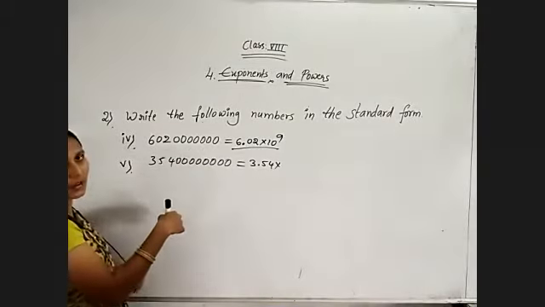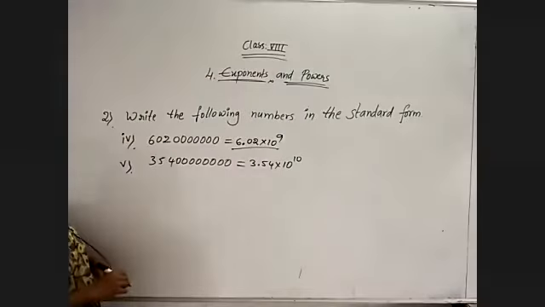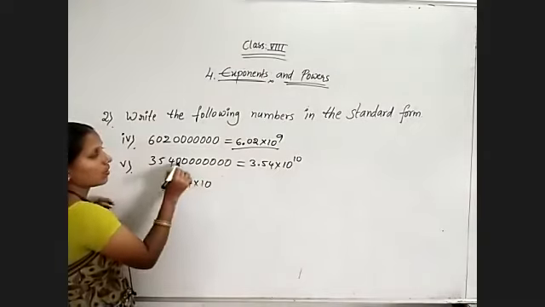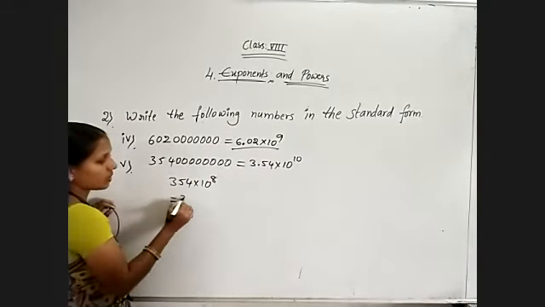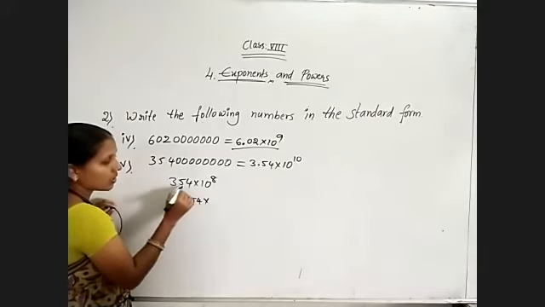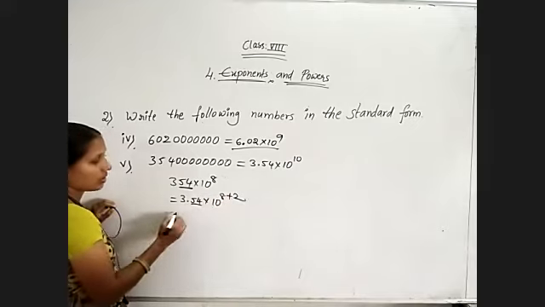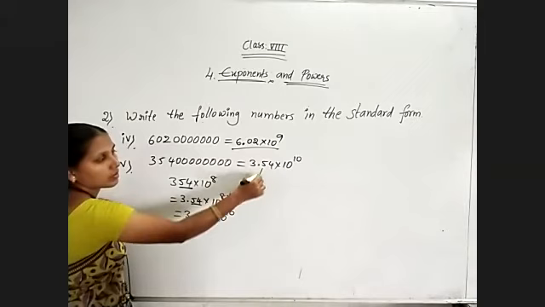One number less we have to take, that is 10 to the power of 10. That's all. If you have any doubt, check. 354 into 10 power 8 zeros, which is equal to 3.54. Because of 2 decimal digits, I must take the exponent plus 2, which is equal to 3.54 into 10 power 10. See?